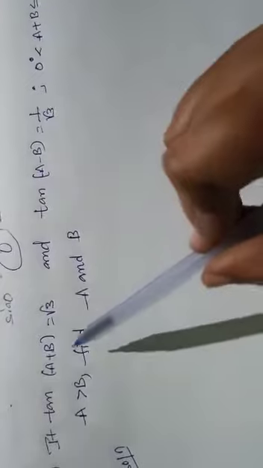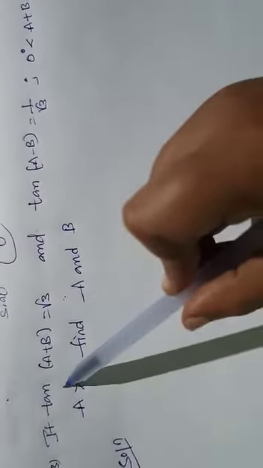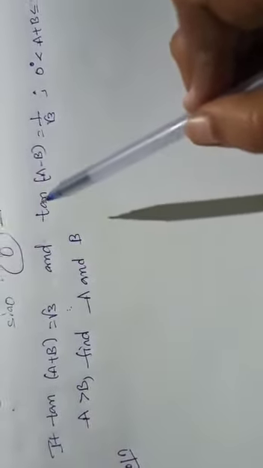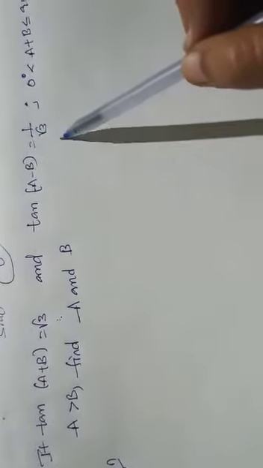If tan(A + B) equal to root 3 and tan(A - B) equal to 1 by root 3. Okay.